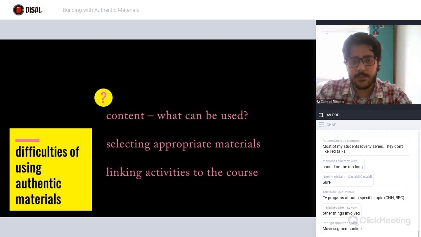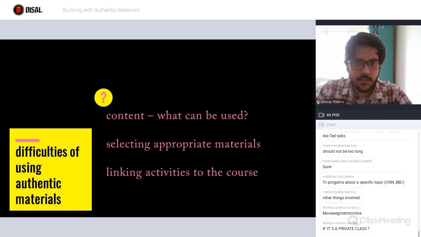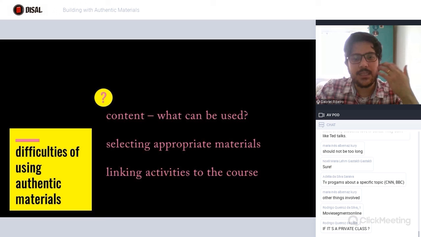Do these difficulties mean that we should not use authentic materials? If it's a private class, exactly, Rodrigo. If we have a one-to-one class, then we can use authentic materials to the most here, right? We hopefully have a little bit more preparation time, right?